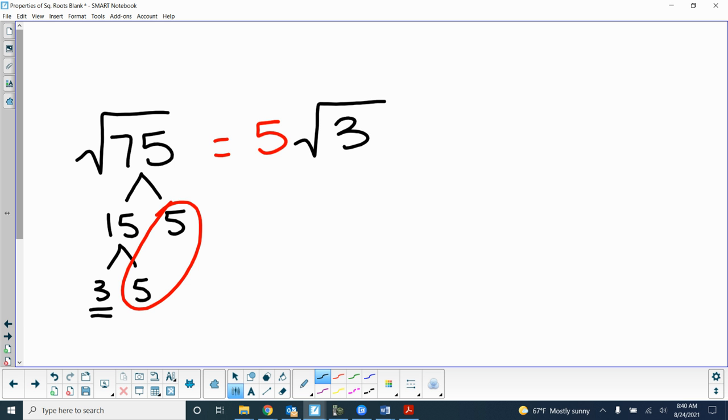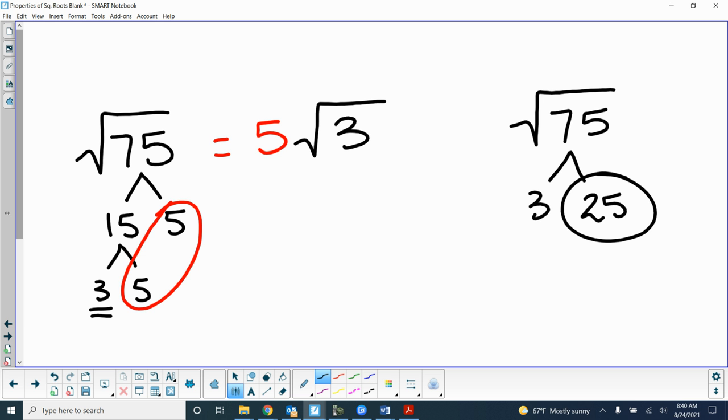Now, me, I would have done it this way. And I'd circle that. What type of number is 25? Got a special name. Starts with a P. Perfect square, yeah. So I look for perfect squares when I do my factor tree, because I know the square root of 25 is what? 5.